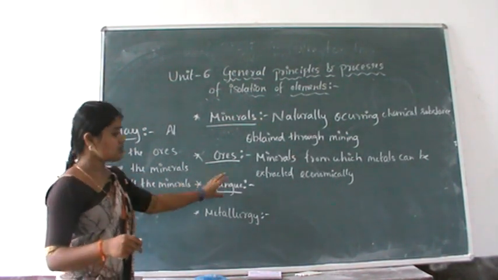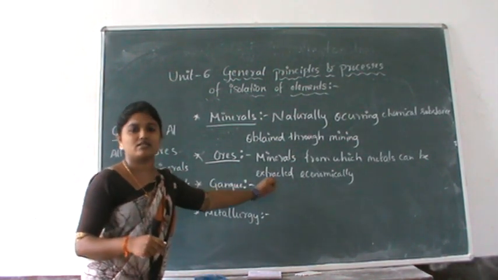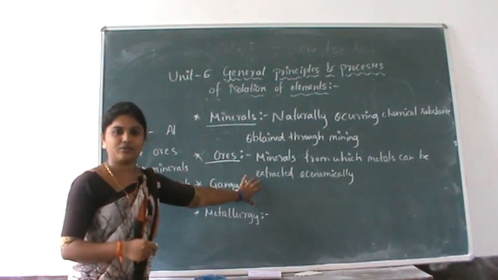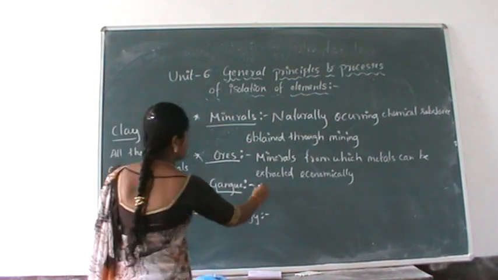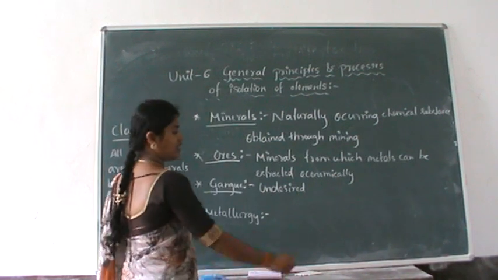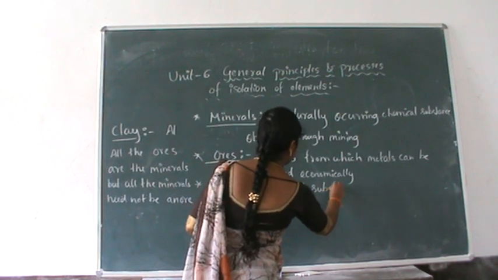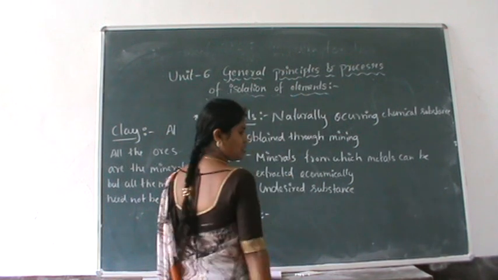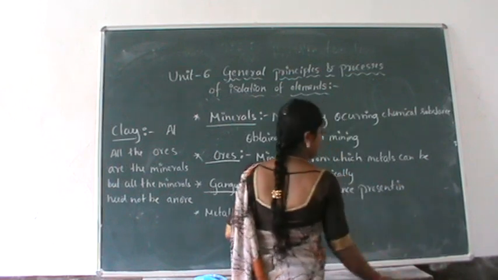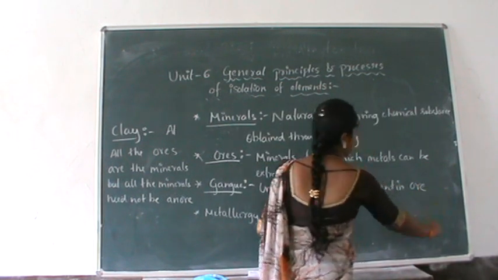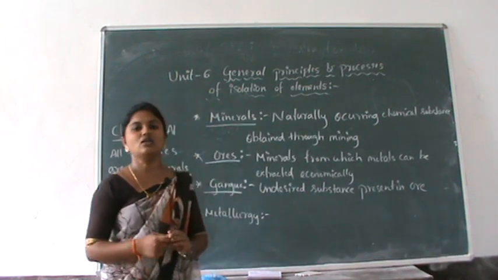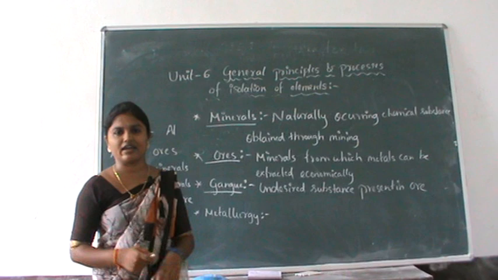So that unwanted substance that is present in the minerals is nothing but gangue. It is called undesired substance present in the ore of mineral. Undesired substance that is present in the ore is nothing but gangue.